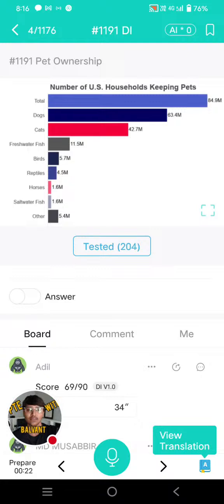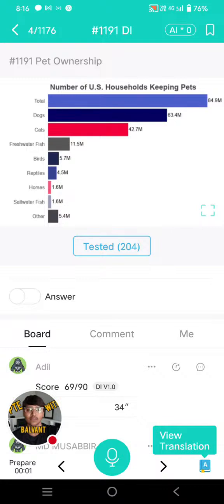Pet ownership is the main topic of this image. Number of US households keeping pets is the main topic of this image. Dogs, cats and freshwater fish are on the left side of the image. 42 million and 63 million are observed on the right side of the image.